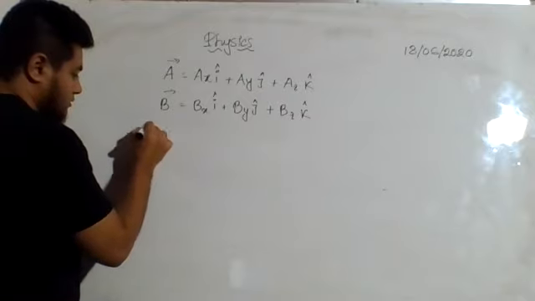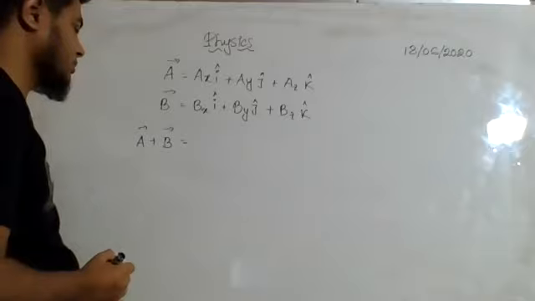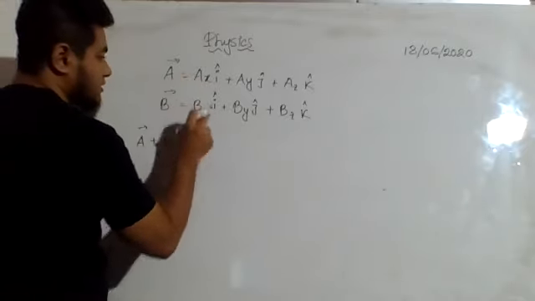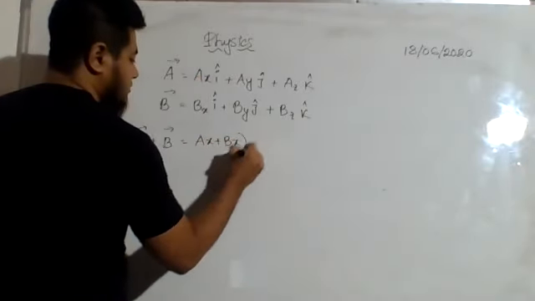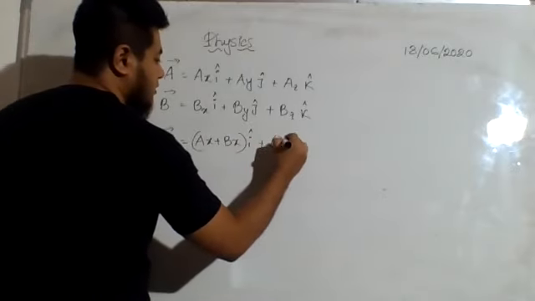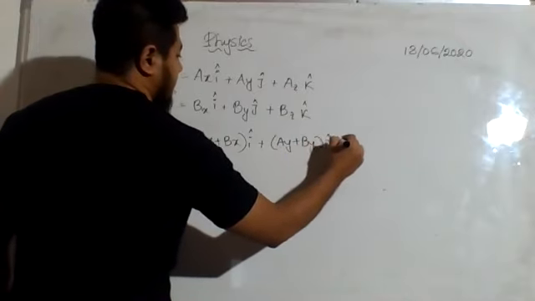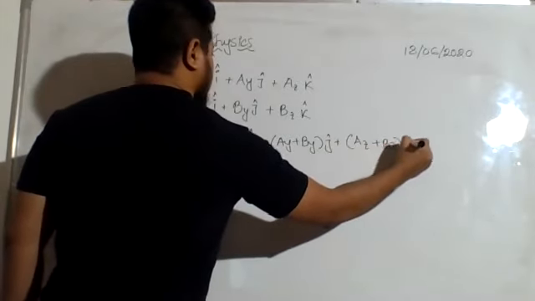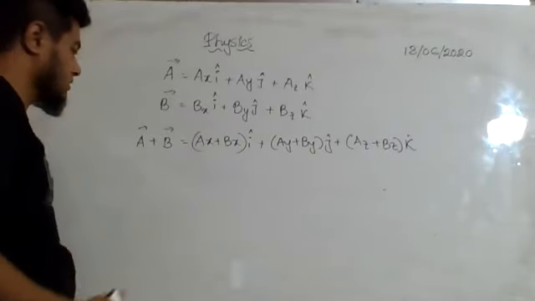And we want the result of that addition, A plus B. Then what we can do? It will be ax plus bx into i, plus similarly ay plus by into j, plus az plus bz into k.